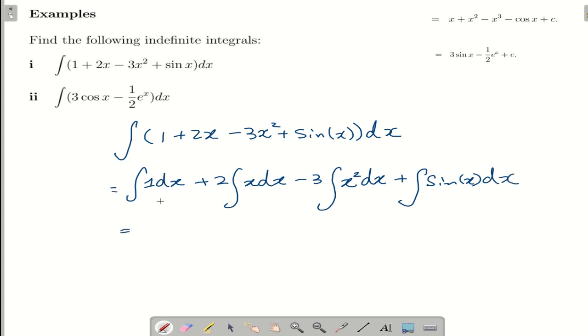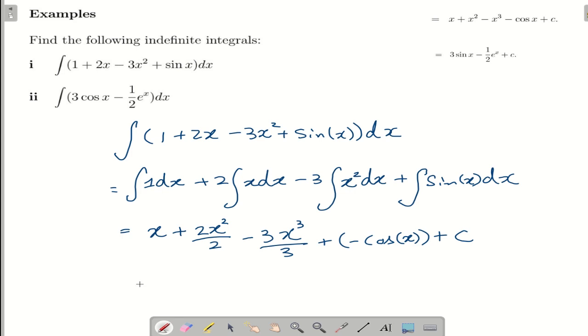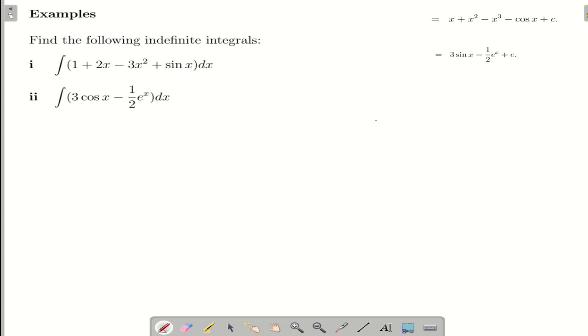This is equal to x, plus 2x squared over 2, minus 3x to the power of 3 over 3, plus the integration of sine x which is minus cosine x, and don't forget the plus c constant. So we have x plus x squared minus x to the power of 3 minus cosine x plus c. We check the solution up here. So you can do this exercise by yourself and check the solution in here.